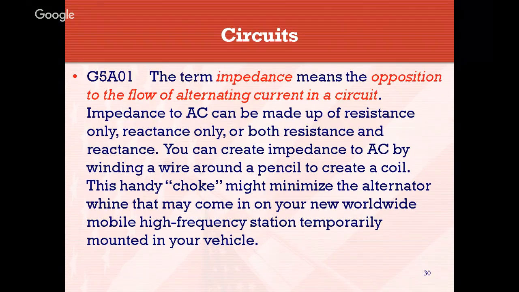Or maybe it's permanently in there. But at any rate, a choke is a good thing to have or to make if you want to reduce a little bit of alternator whine.